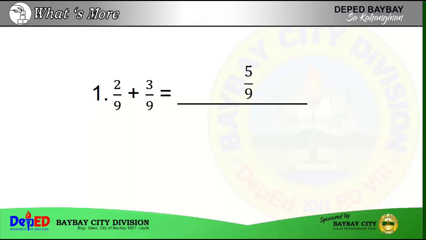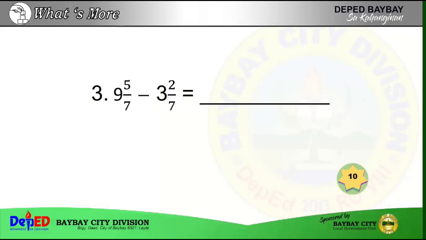Very good. Number 2, 4 over 9 minus 1 over 4 is equal to... the answer is 7 over 36. You got it.